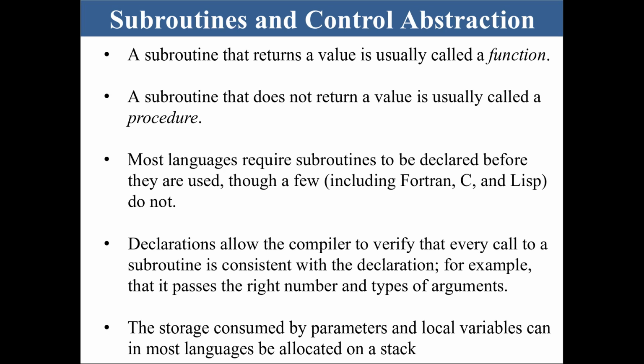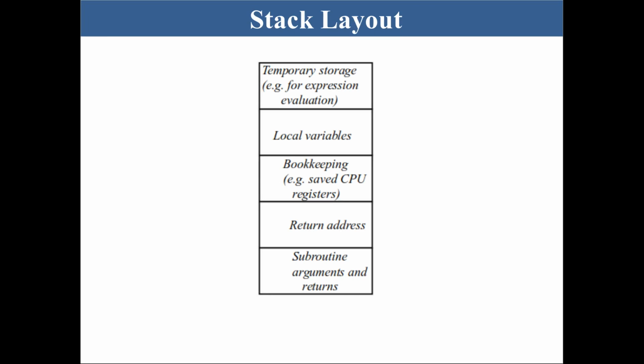In most languages, the storage consumed by the parameters and local variables can be allocated on a stack. So we are just reviewing the stack layout. Each subroutine, as it is called, is given a new stack frame or activation record at the top of the stack.